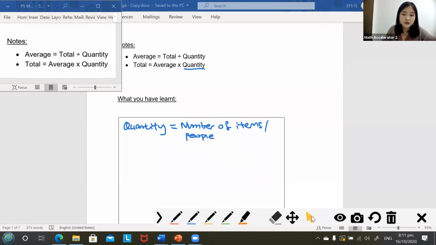So that's quantity, and that's an example of what you can write down. Along the way, if you feel that you have learned something new, you can write it down here in the first page, so when you are revising, you can look at it again.